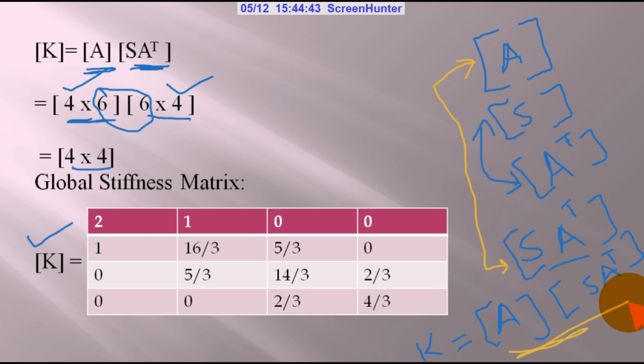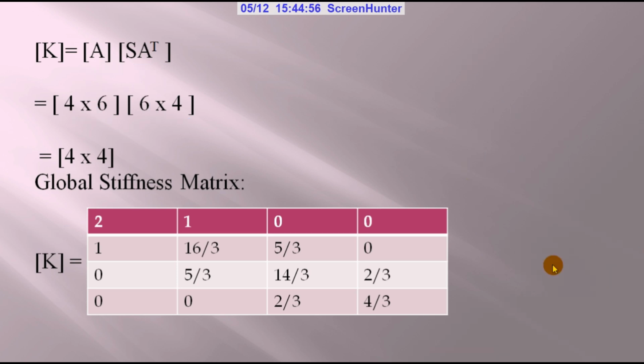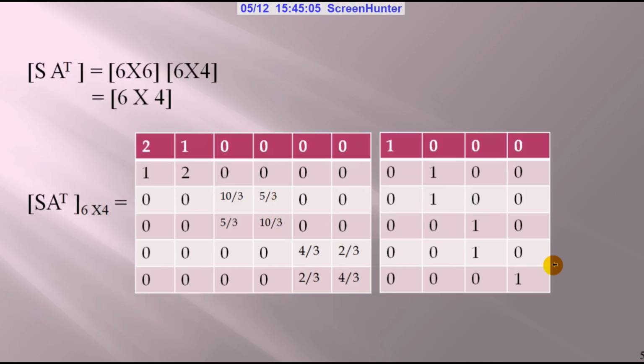So it is very simple. It's not a structural analysis, but it's only mathematics, pure mathematics, matrix multiplication. You just try and you will definitely be able to recollect the concept of development of the global stiffness matrix.